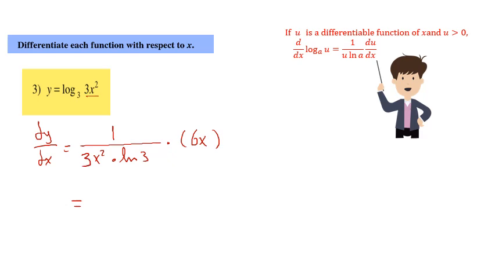I can simplify 6 divided by 3 is 2, and x to the power 1 divided by x to the power 2 gives me x to the power 1 in the denominator. So it's 2 over x ln 3. So dy by dx is equal to 2 divided by x ln 3.